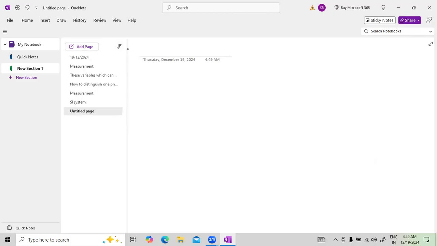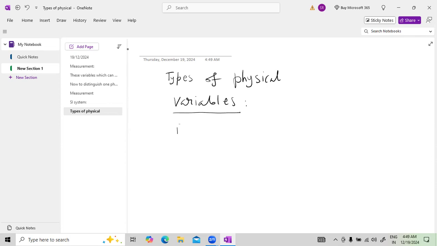Now coming to the types of variables we have in our common understanding of physics. Types of physical variables. Basically, we know that physical variables are of two types. One is scalar, like the primary variables mass, length, and time.